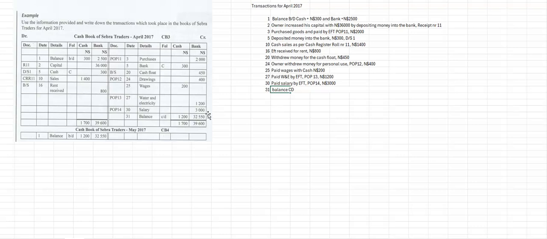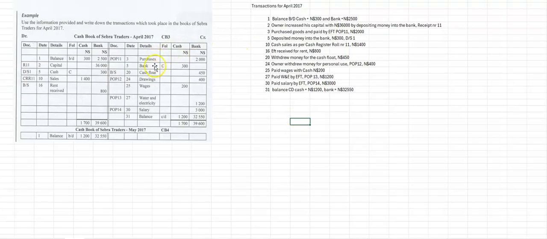Cash equals 1,200 and bank equals 32,550. Hold on, forgot my rate. Okay, 32,500. There we go. Okay, and that is how we do this.